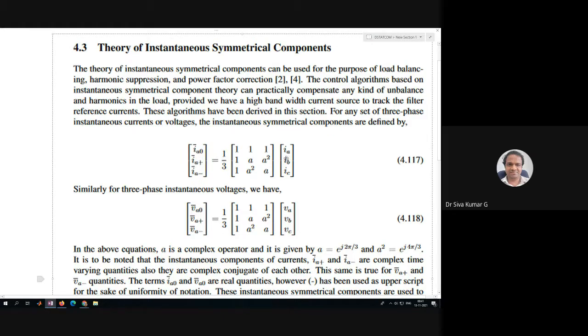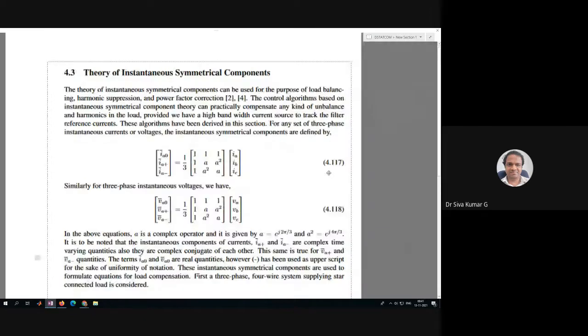Here, small ia, ib, ic represent the instantaneous currents. These instantaneous components of voltages and currents are used in generating the reference filter current.